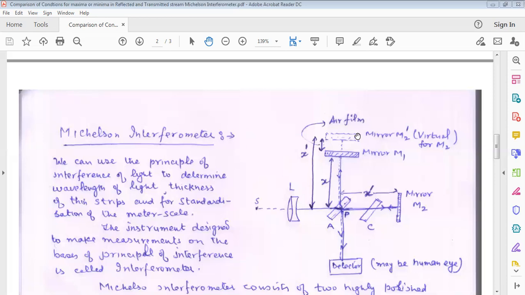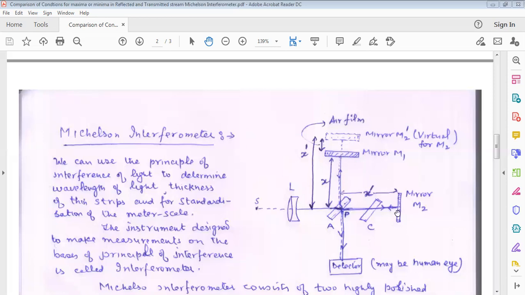When thickness is changed, the quality of fringes will change. We can connect the shift in position of the fringes. We can establish a relation between the number of fringes that have been shifted with the change in position of this mirror.